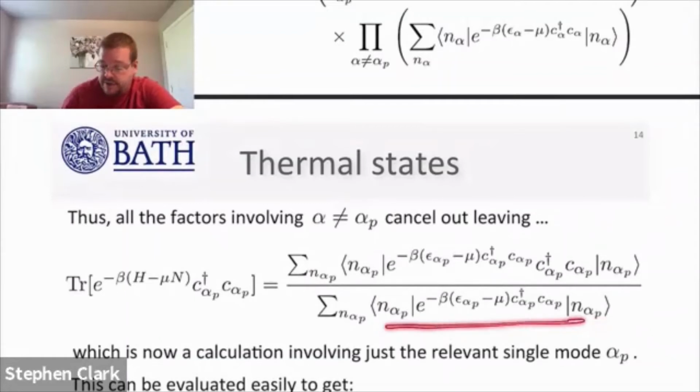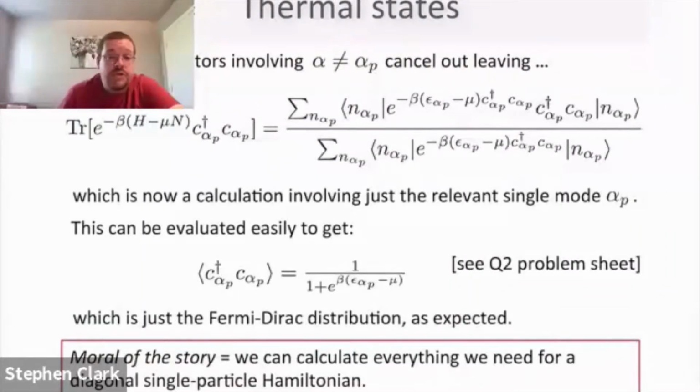You need to work out this expectation value down here and this expectation value up here, and that's pretty easy to do. There's a question on the problem sheet to do it, and what do you end up with? You end up with the Fermi-Dirac distribution, which you would have predicted from the outset, but this calculation shows how you do it and why.